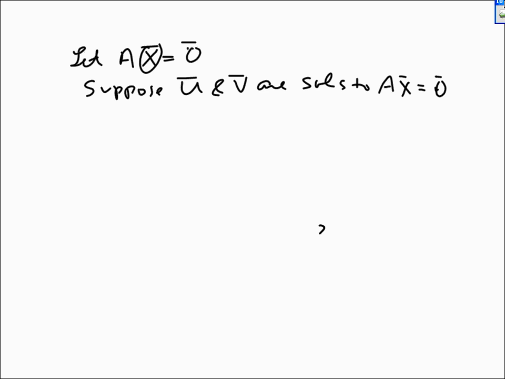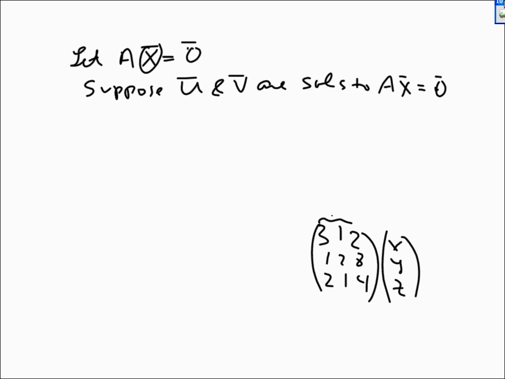You know, the matrix 3, 1, 2, 1, 2, 8, 2, 1, 4 times X, which is X, Y, Z. So this is capital A, this is capital X, and it is to equal 0, 0, 0, which is the 0 vector. Okay, what we have is really beautiful.